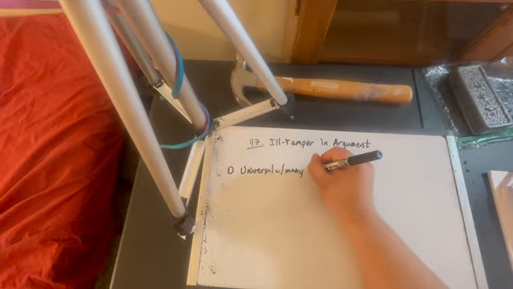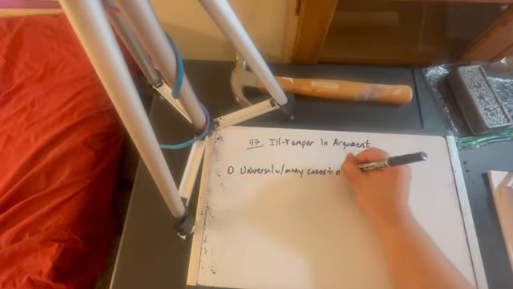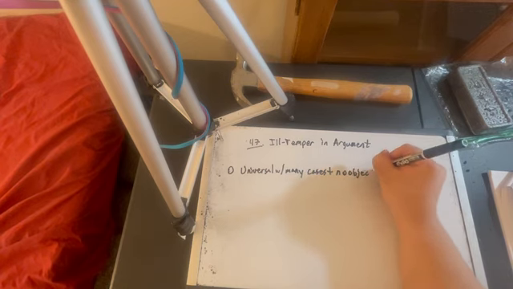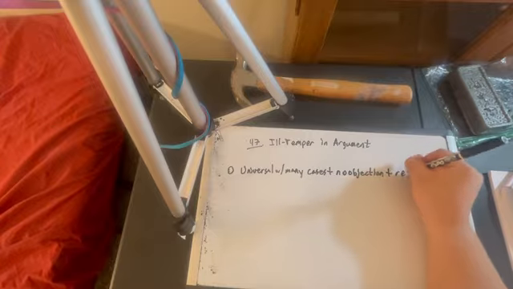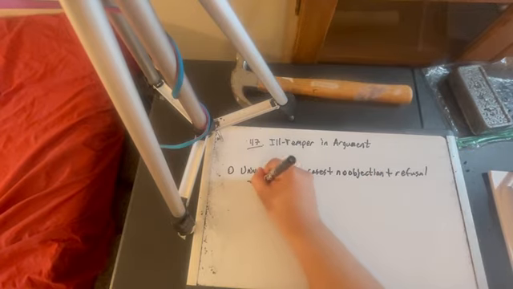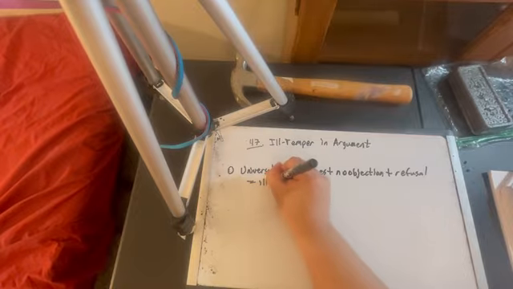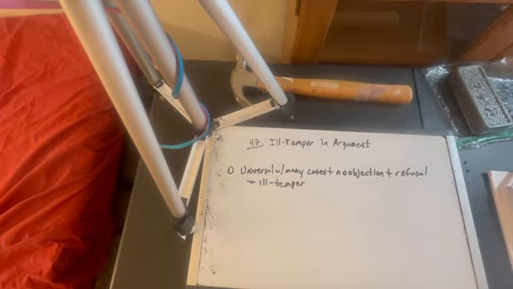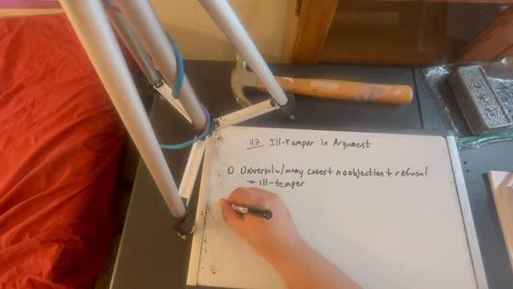a universal with many cases, plus no objection, plus refusal, equals ill temper. Dialectical resistance must be reasoned, not merely stubborn.